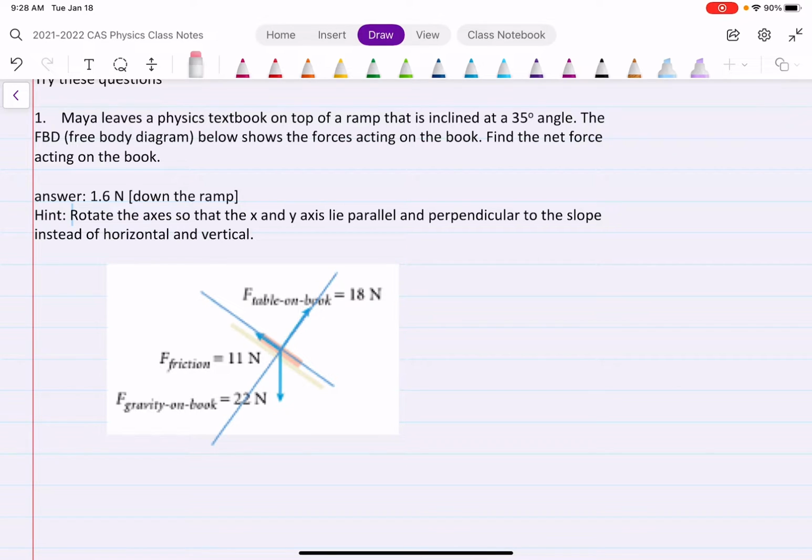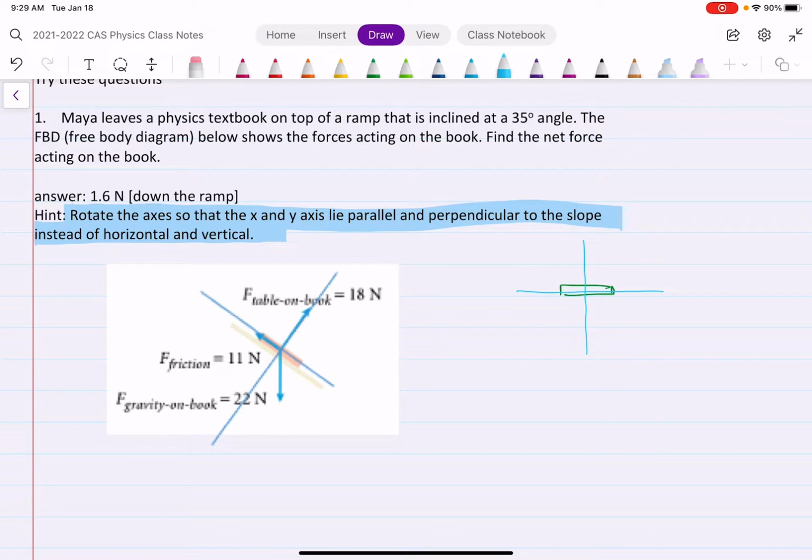So the easiest way to approach this question is to do what the hint tells you to do and rotate the axes so that they're perpendicular and parallel instead of horizontal and vertical. Normally, if you had a book resting on a surface, let's say your book was here, you would make your X and Y like this, right?